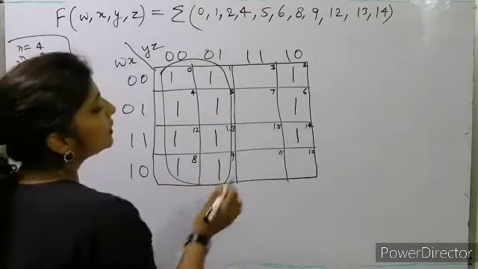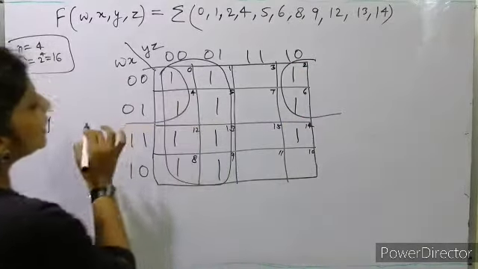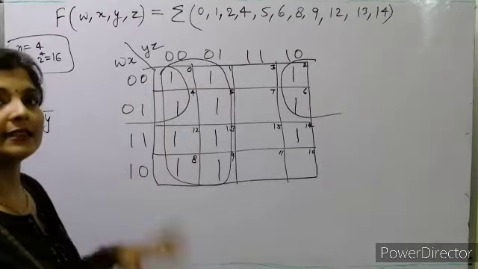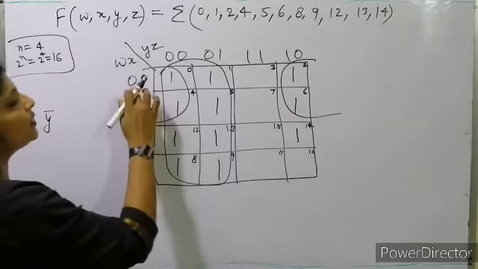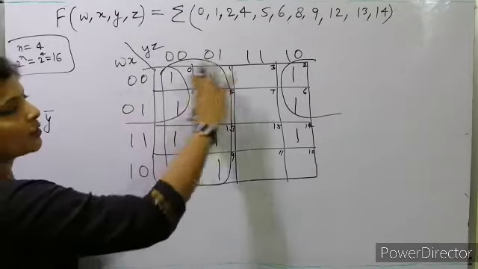Okay, now these two we can take and these two, okay, because the boxes on the adjacent edges we consider as adjacent. Okay, so in these two and these two, 0 0, meaning w, complement of w is common.